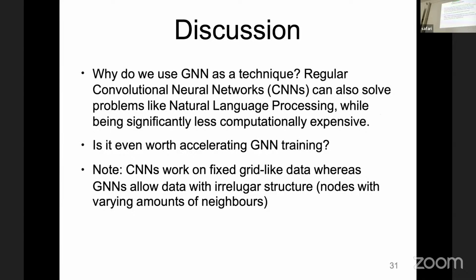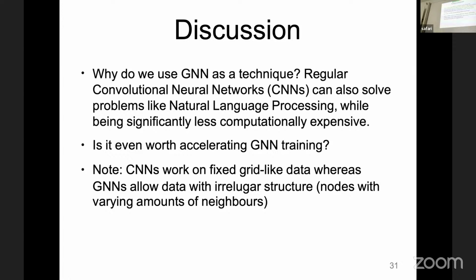There's also the aspect of why do we even do it on GNN? Because a lot of problems that GNN solves can also be solved with simpler models like convolutional neural networks, which are also way better understood compared to GNNs. Again, CNNs can also solve NLP problems, which GNN can also do. So the question is, is it even worth accelerating GNN, since CNNs are way easier to implement and also to compute?